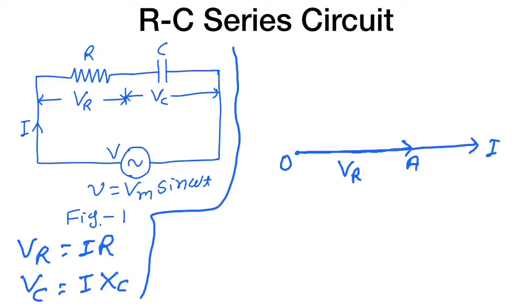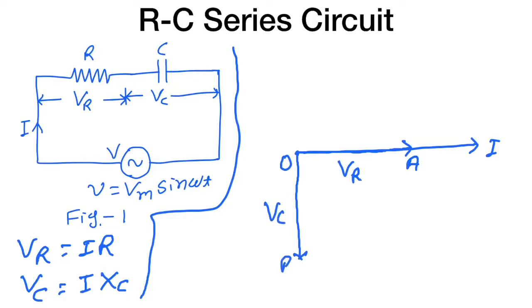And the phase difference between voltage across the capacitor and current through the capacitor is 90 degrees, and current leads the voltage by an angle of 90 degrees, or in other words voltage lags the current by an angle of 90 degrees. So voltage across the capacitor Vc lags the current by 90 degrees.